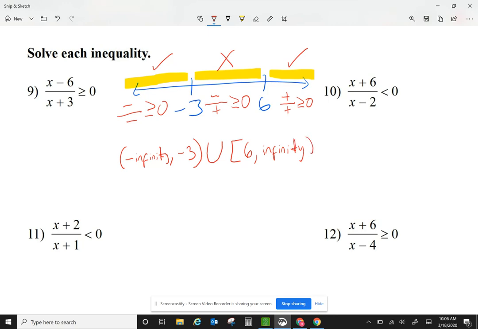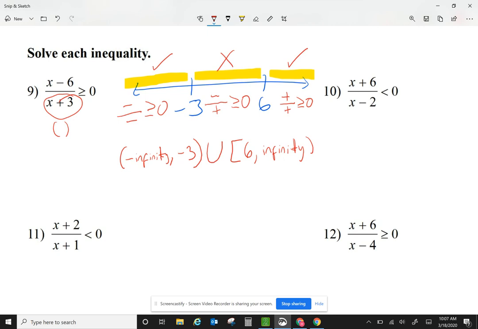Okay. Now the difference between brackets and parentheses. Infinities always have parentheses. Negative infinity, positive infinity always have parentheses. Now the other numbers, the number that makes the bottom equal to 0, so in this case -3, always has a parentheses.